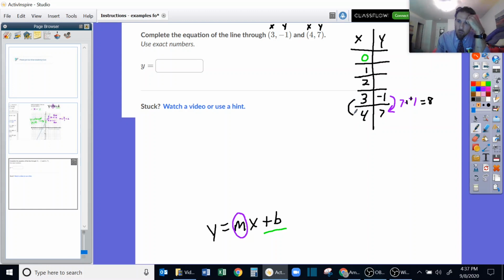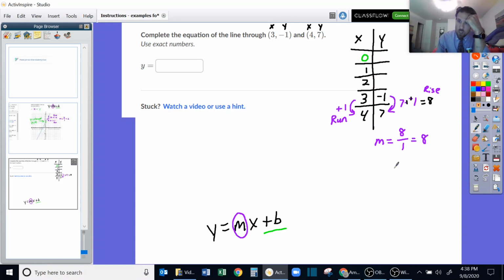And then our run here, actually I want to use purple. My run here is +1, going from 3 to 4. So my slope here, I can figure out. My slope is 8 for my rise, 1 for my run, that rhymes.